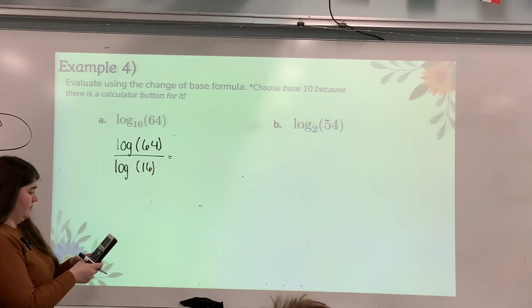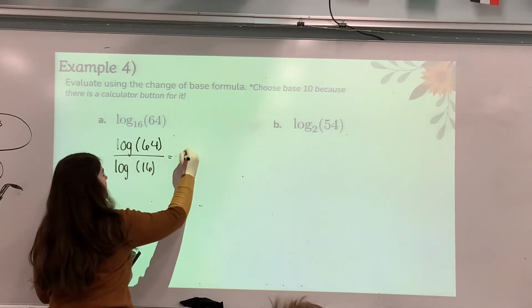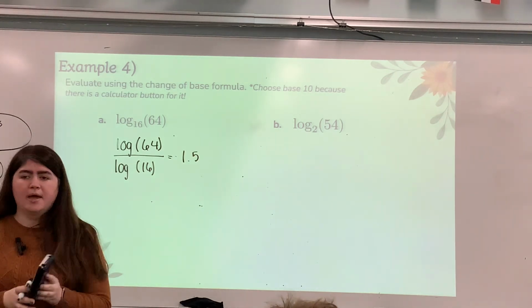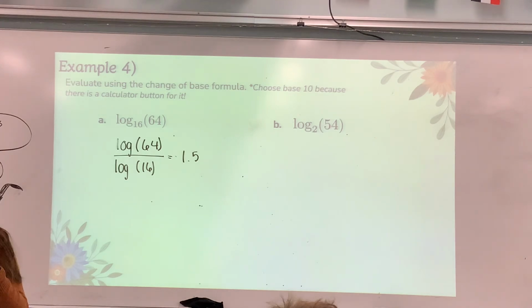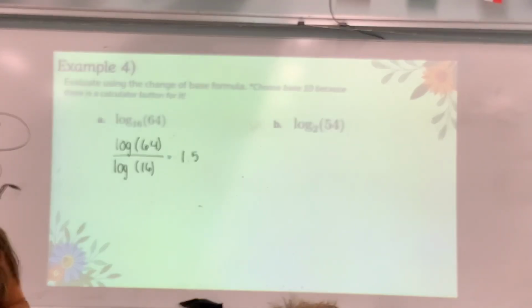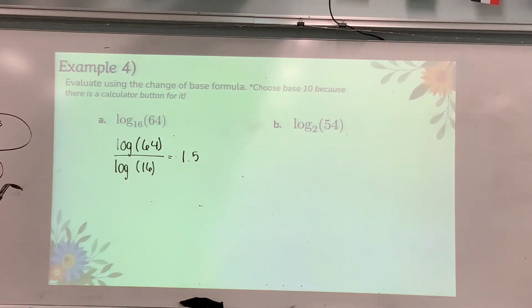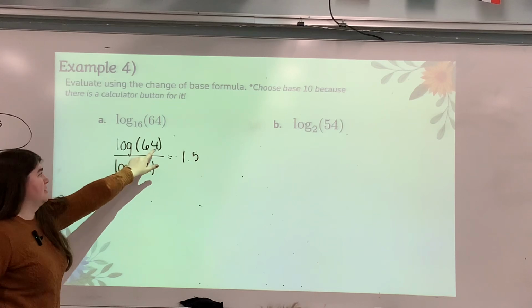You get 1.5. By the way, to be clear, we do have to hit the close parentheses button when you're typing these in. So don't just type log 64 divided by log 16 as is. You need to close the parentheses.